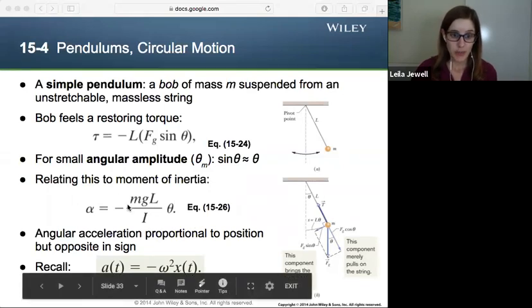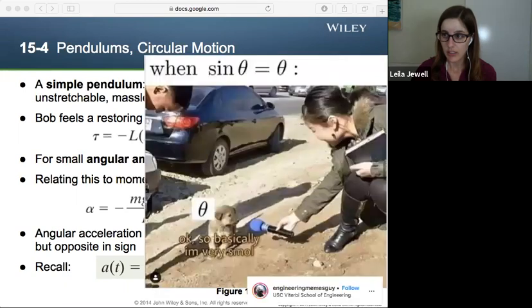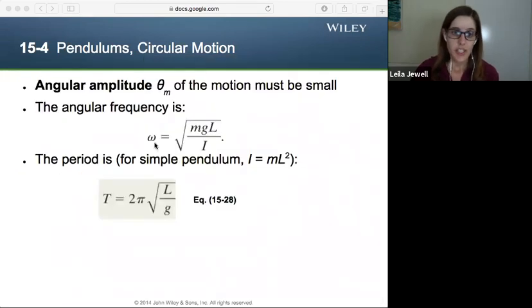Since the acceleration is proportional to the position with the opposite sign, we can say that everything besides the position and the negative sign is just the angular frequency squared. So we're going to set those two things equal to each other. If we do that, we get that the angular frequency then is the square root of mgL divided by I.